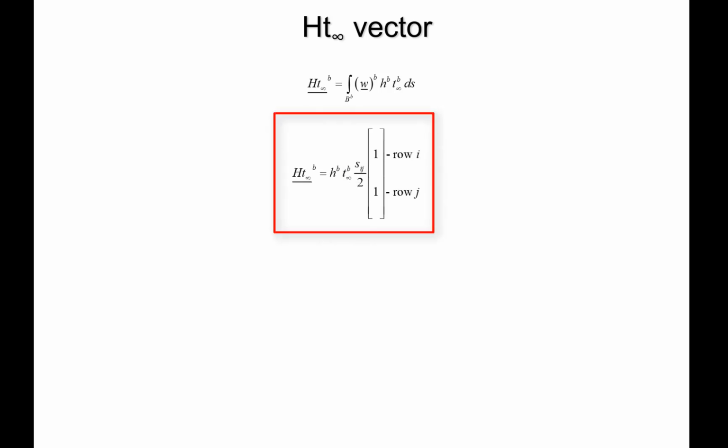It's h along the boundary segment times T infinity along that boundary segment, and then the length of the boundary segment divided by 2, and then there's a 1 in row i and a 1 in row j. And to get the global h T infinity vector, you'll just add up all of these boundary segment h T infinity vectors.